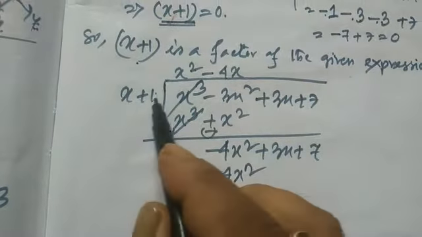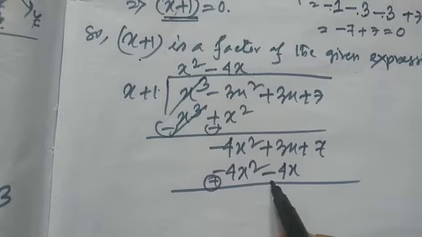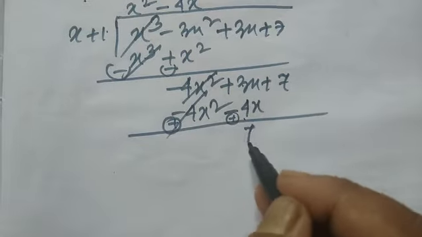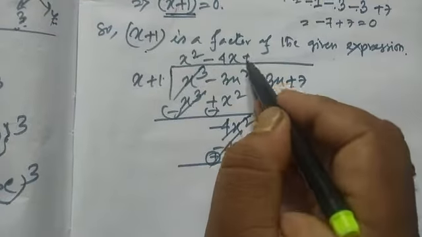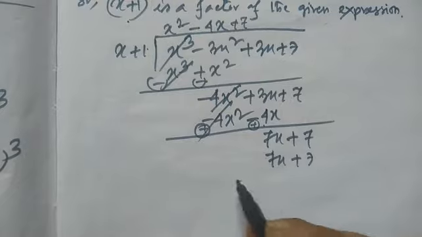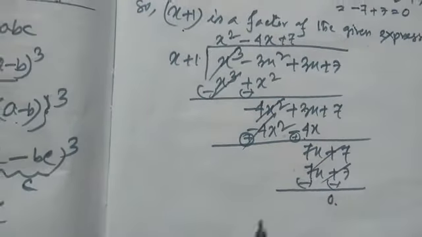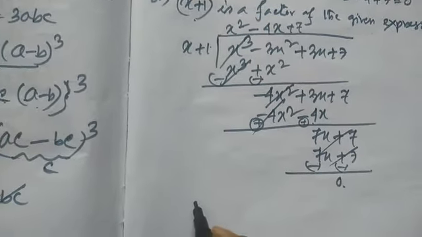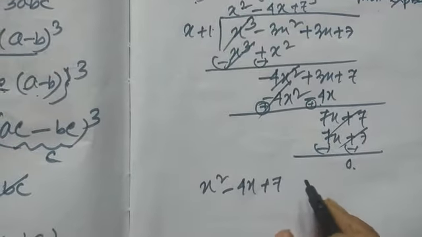Minus 4x square, minus 4x, cancel, 3 plus 4, 7x plus 7. Now you need to bring 7x here, so give 7x plus 7, sign change again, cancel, 0. So by dividing the polynomial, we have got another factor, that is x square minus 4x plus 7.